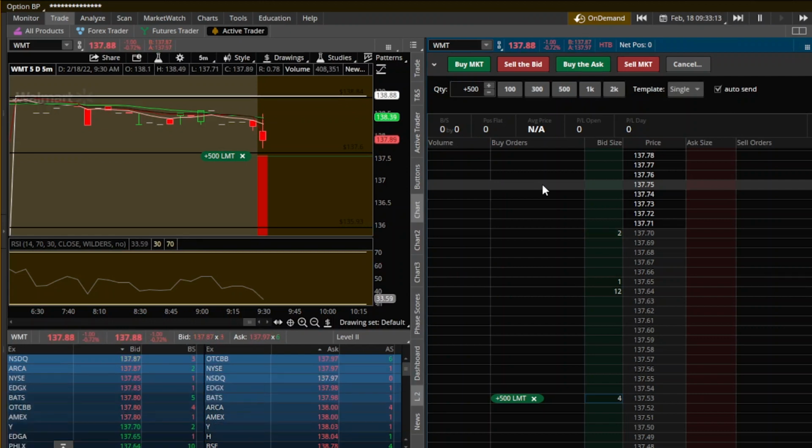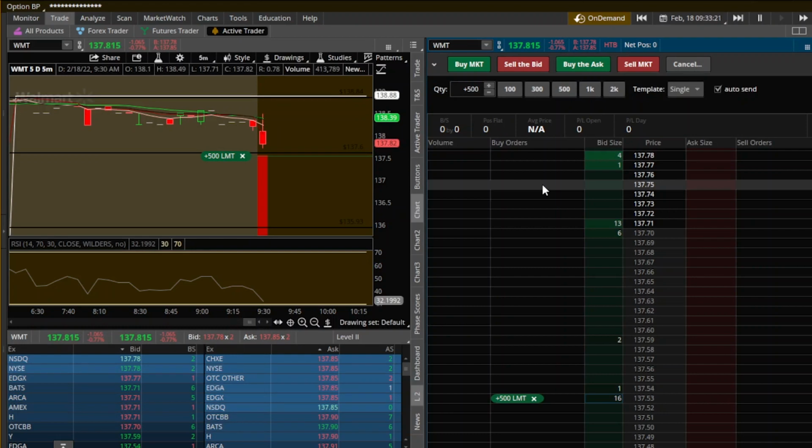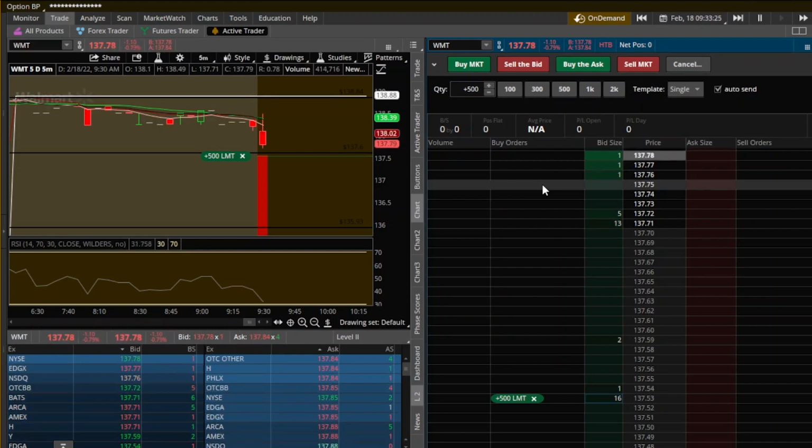Now keep in mind, everyone, when I get into a trade, I'm watching the 5 minute for it to confirm. Then once I'm in that trade, I usually pull up the 1 minute as well. But in this example, I won't be able to because it will crowd my screen too much.